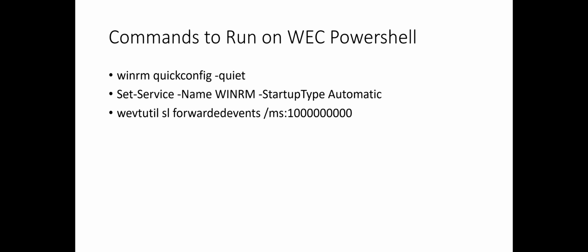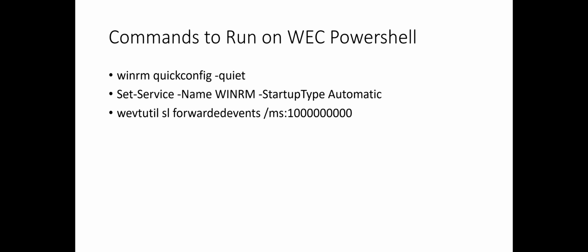When you're setting up the WEC, a bunch of commands need to be run on the WEC to get it to work. Some of them need to be run in PowerShell, some in command.exe. This presentation has everything you need to put in there, and these are the commands that go into WEC PowerShell.